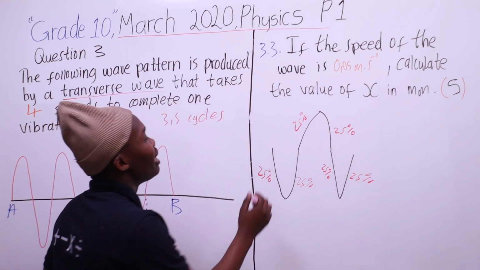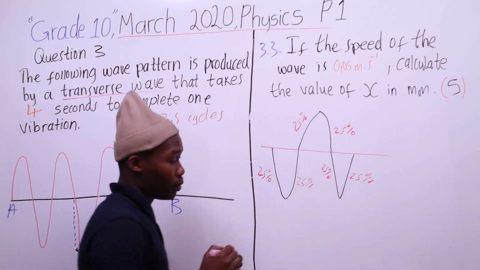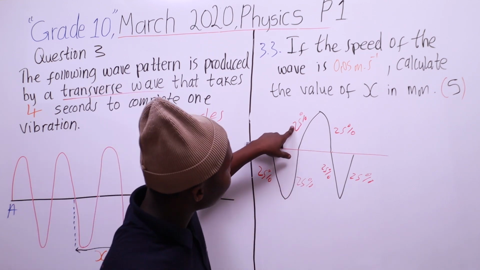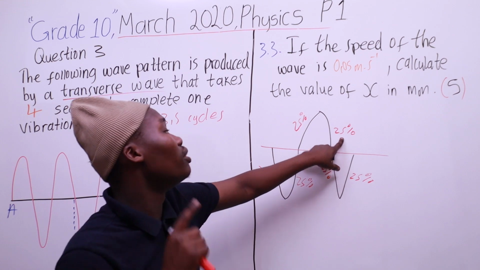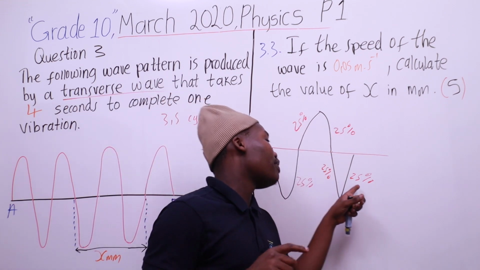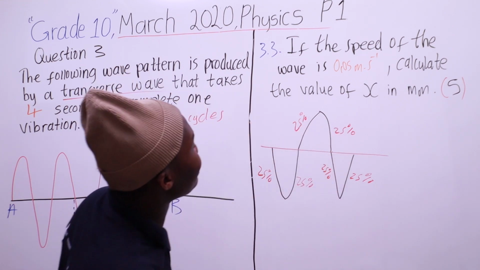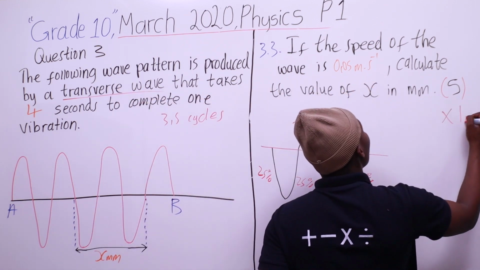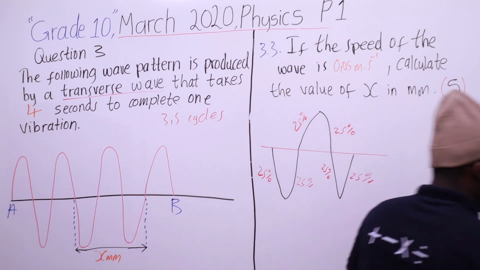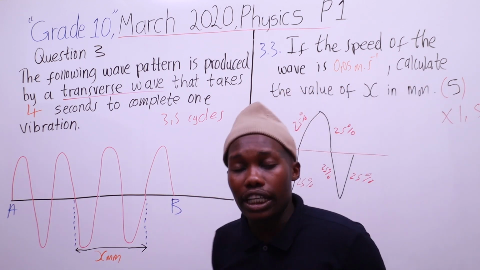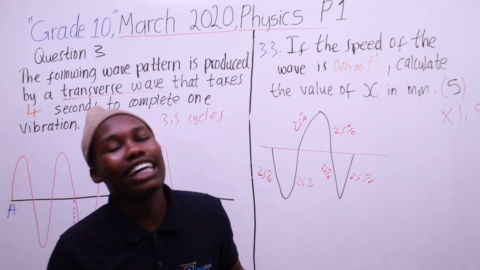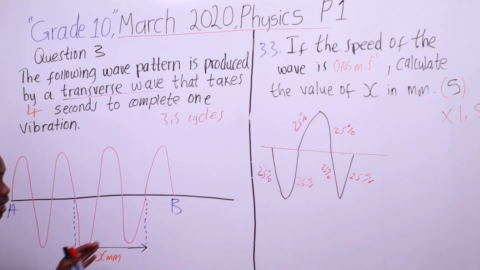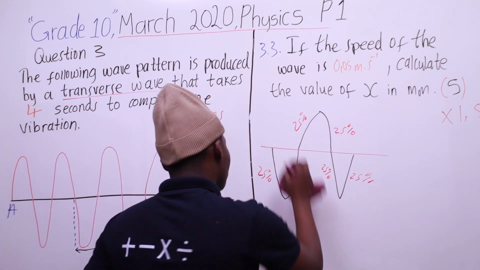So how many 25% are there? 25 and 25 for 50%, 75%, 100%, so 1. Then 100%, 125, 150. 150% is 1.5. So in the end we must multiply by 1.5. The value of one wavelength has to be multiplied by 1.5 because of what we got in the drawing on the side.